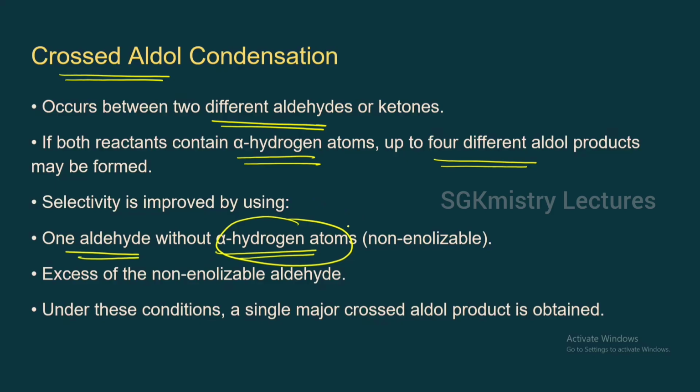So the carbonyl carbon of this aldehyde will be used for the attack by the carbanion if I'm considering the base catalyzed mechanism. So here you can also use excess of non-enolizable aldehyde, that is the aldehyde without the alpha hydrogen atom. So under these conditions, a single major crossed aldol product is obtained.